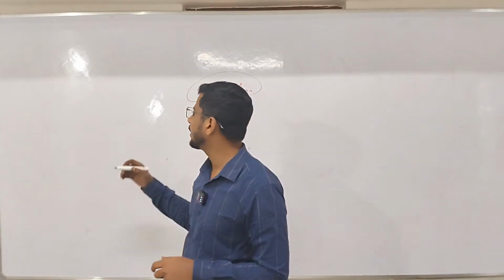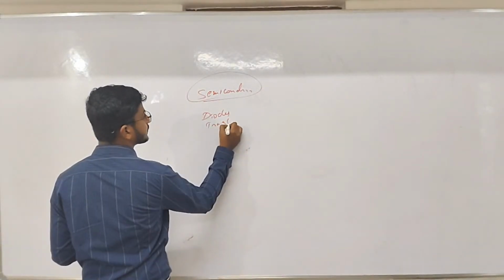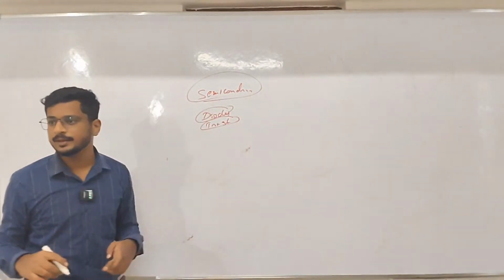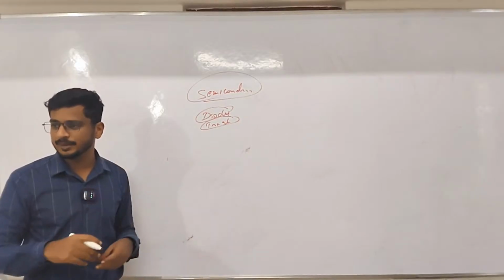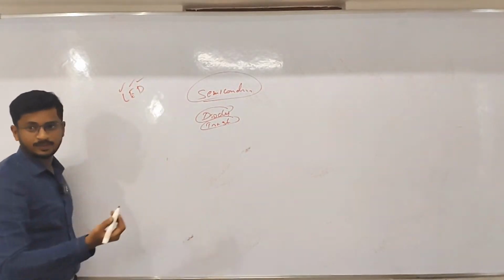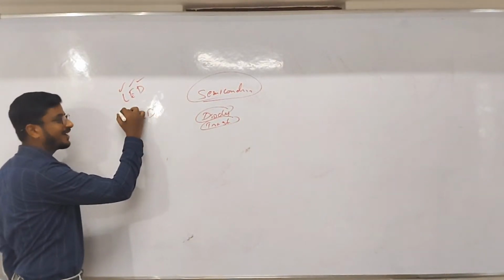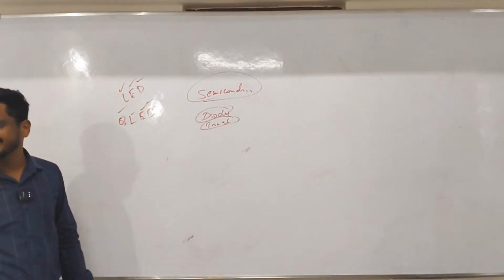Using that only we have diodes, transistors, and so on and so forth. A diode is a basic semiconductor device. What is LED? Light emitting diode. Correct. What is QLED now? Quantum light emitting diode. Okay, did we learn this?